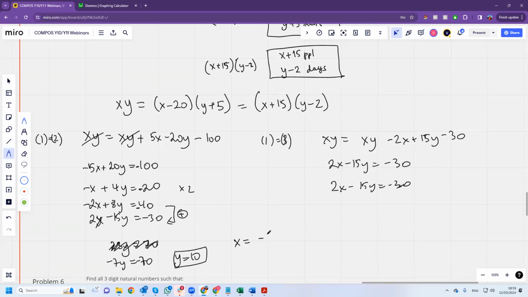X is minus 20 minus, well, 20 plus 4y, and that is 20 plus 40, sorry, 20 plus 40 equals 60. So answer, we had 60 people and 10 days. 60 people worked for 10 days.